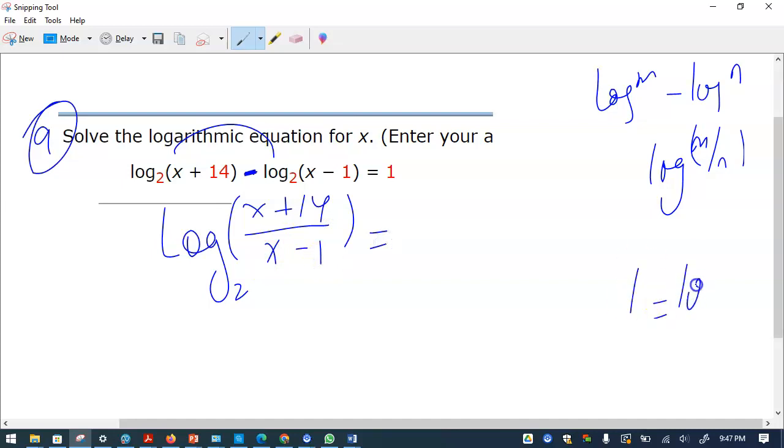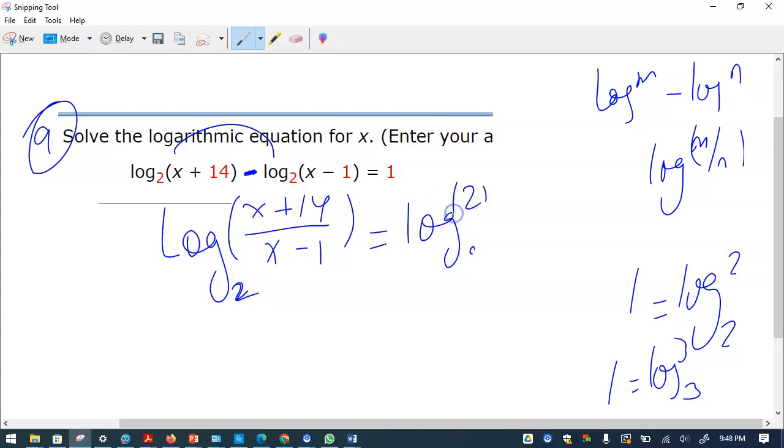Remember, 1 I can write as log of 2 to the base 2. The reason is that I can write this 1 as log of the base: the base is 2, so I'll write 2 to the base 2. And because the log is on the left and the right, we can just cross this out and say, hey, the quotient on the left equals the input on the right. This input and this input will be the same.